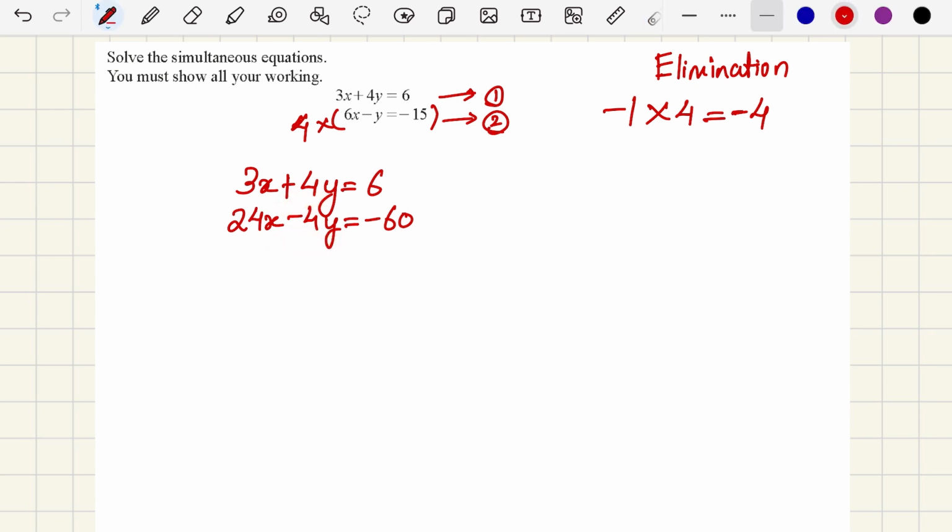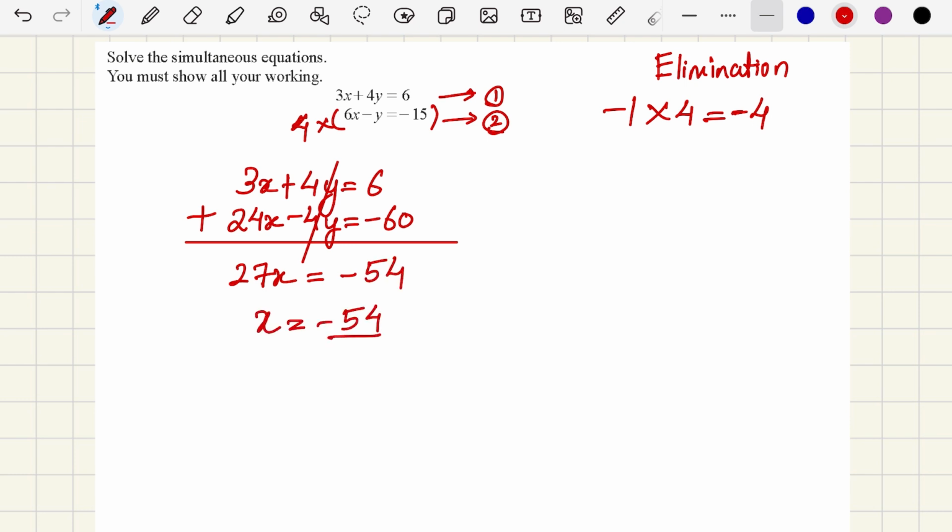So we just have to add them. Adding the two equations, they cancel out. 24x plus 3x will give me 27x equals negative 60 plus 6, which gives negative 54. x will be equal to negative 54 upon 27. 27 ones are 27, 27 twos are 54. So x will be equal to minus 2.